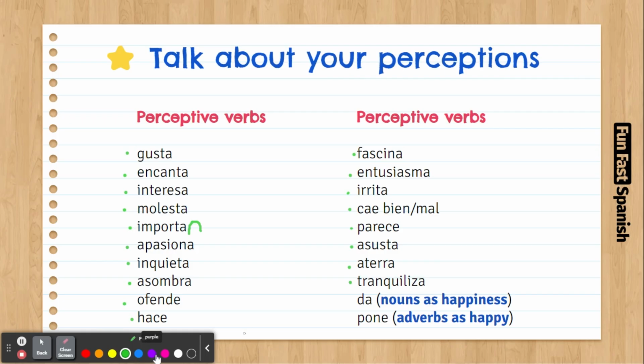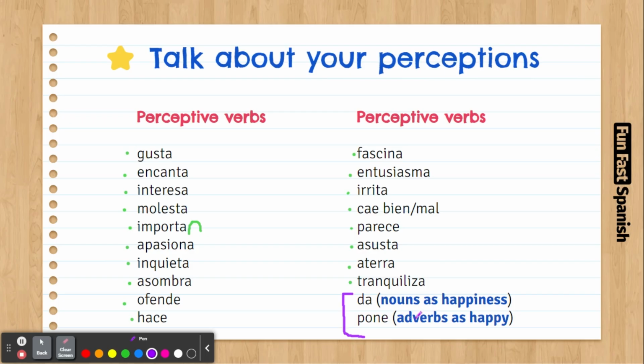Also, we use these two that are very important. Da and pone. We use da for nouns, and we use pone for adjectives. And we talk a lot about feelings, especially. A mí me da como alegría o felicidad, ¿ya? O a mí me pone alegre o me pone feliz, right? So the first one is the noun, happiness.